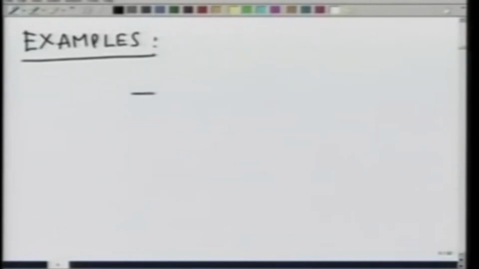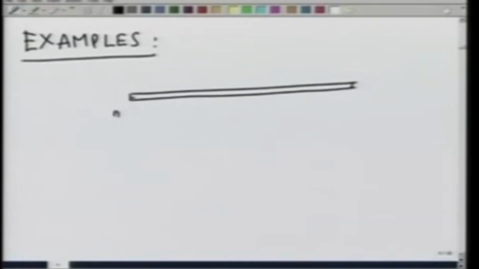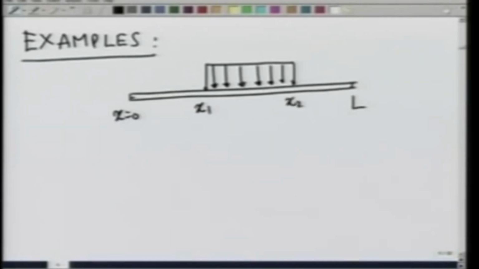Suppose I have a beam. Let us call this point x equal to 0, of length L, and there is a force distribution of the form of a rectangle from point x1 to x2.